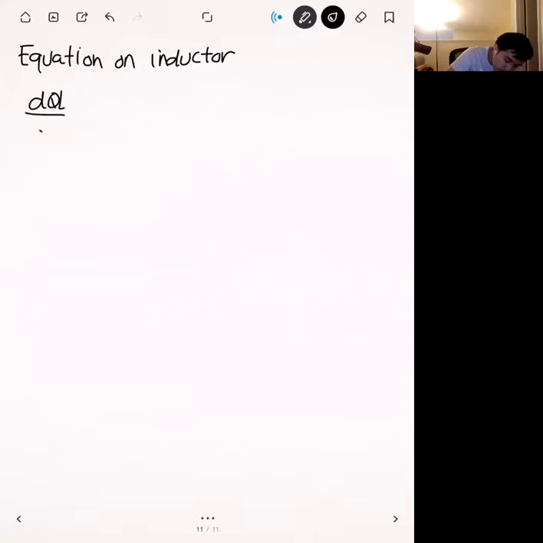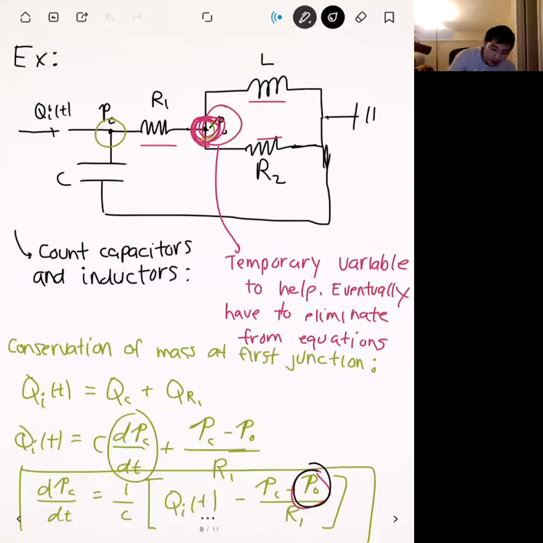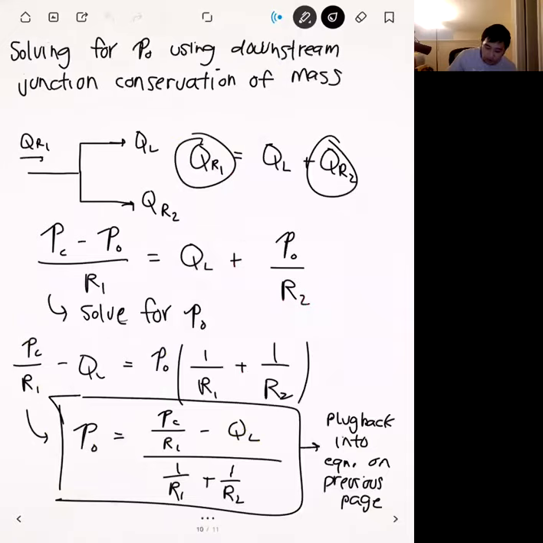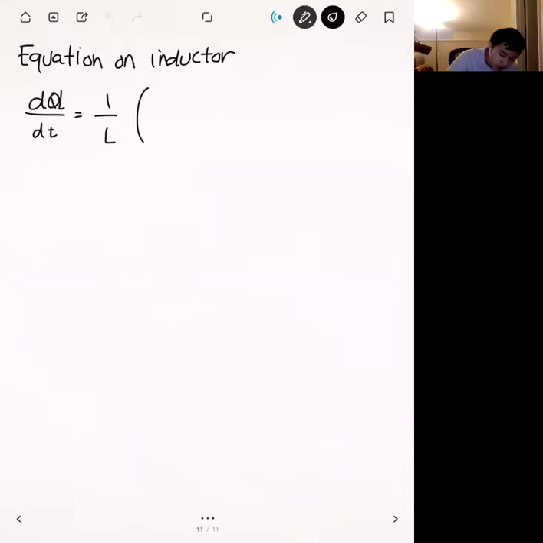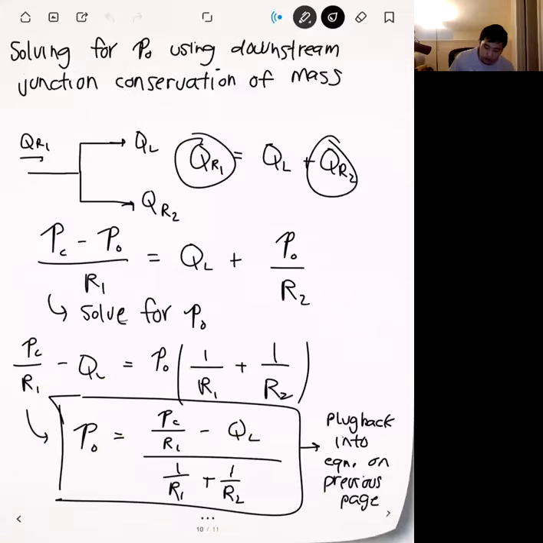So we have dQL dt is equal to 1 over L times the pressure drop on the inductor. And so if we go back to our original diagram, you can see that the pressure drop on the inductor, so upstream here we have PO, which is the one that we solved for, and then downstream here we have ground, which is going to be P is equal to 0, okay? And so actually our inductor equation is going to be 1 over L times PO, where you have PO solved on this page right here.